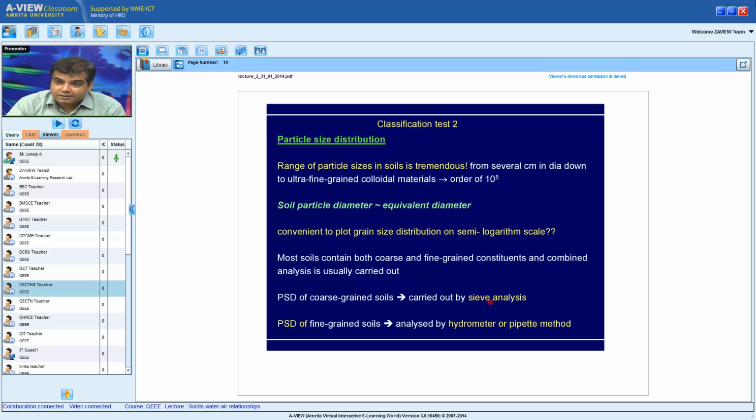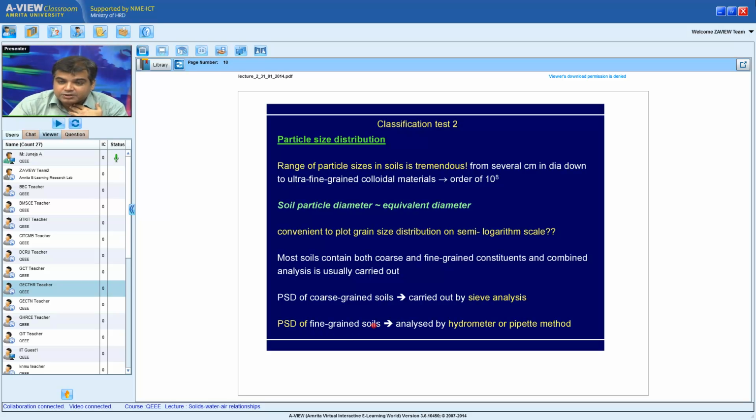A stack of sieves, similar to the sieves you use for any particles, is taken, and the largest opening is kept at the top and the smallest opening at the bottom of the stack, which helps us determine the distribution of coarse grained soils.